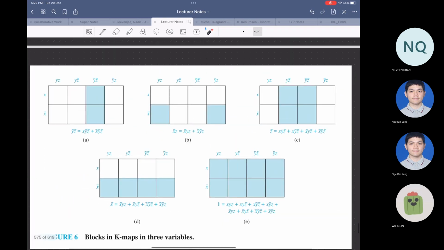Any question on how to reduce this? Any question? Anything you want to ask? How to reduce? Is this like magic or not?